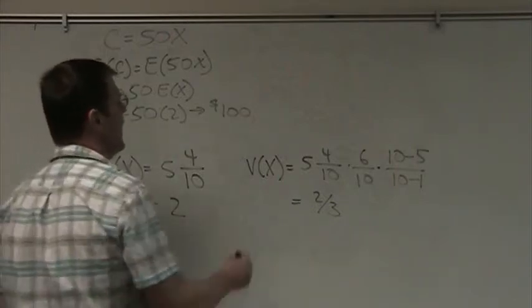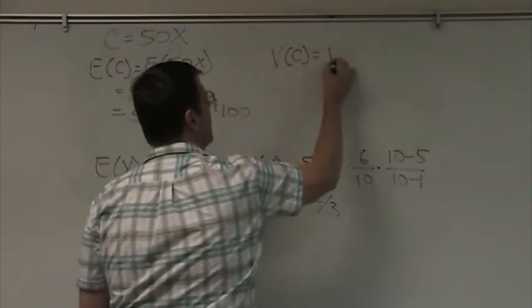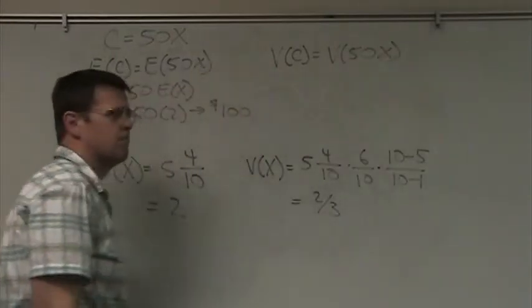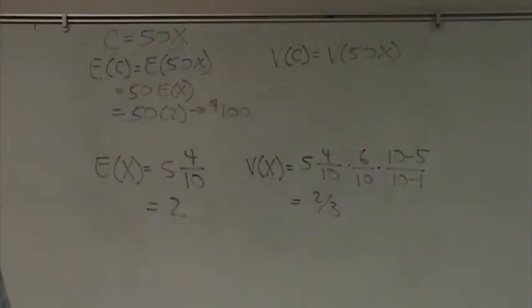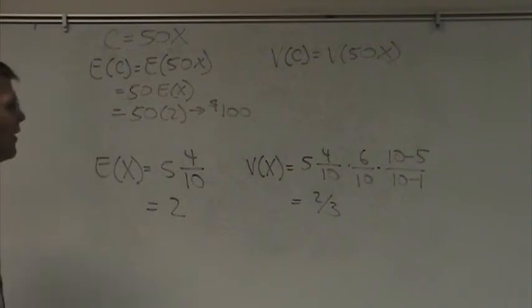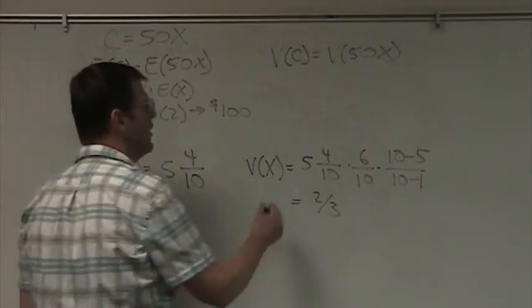For the variance of C, that's the variance of 50x. Remember, according to our rules in sections 3.3 and 4.3, whenever you pull a multiplicative constant outside the variance, you have to square it.